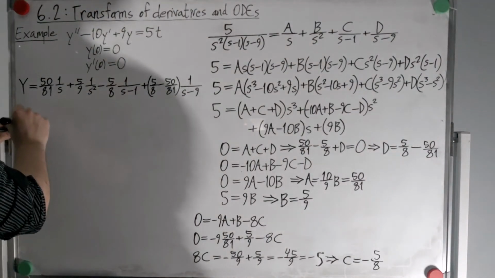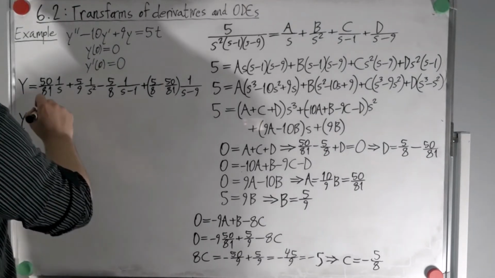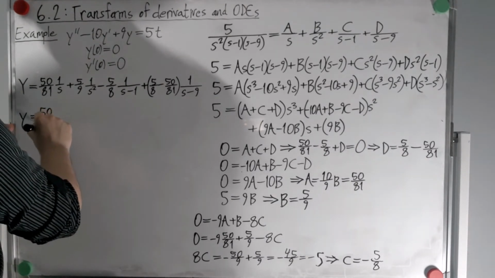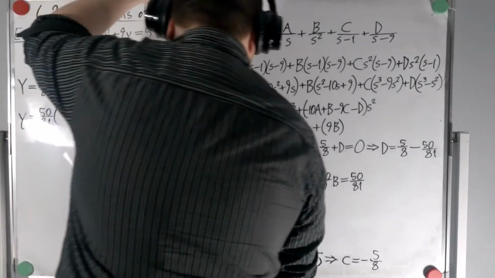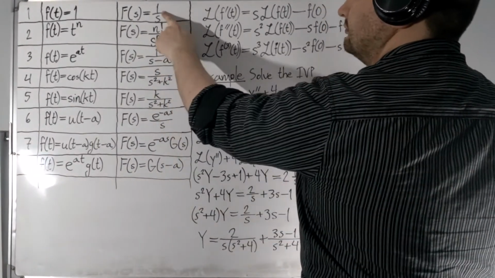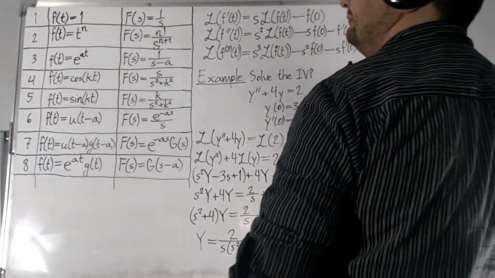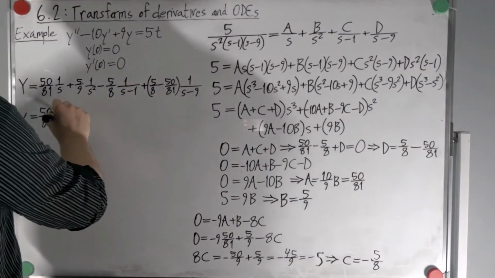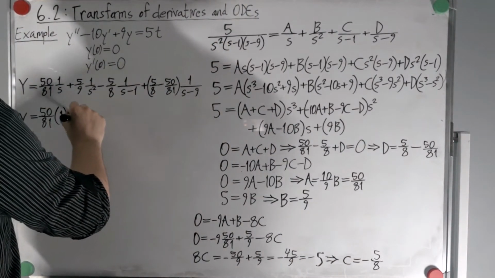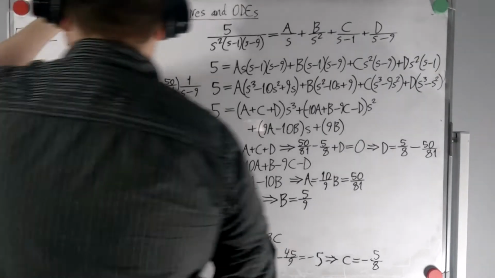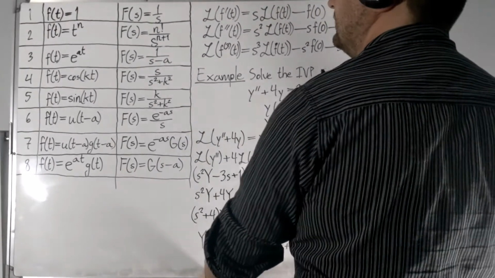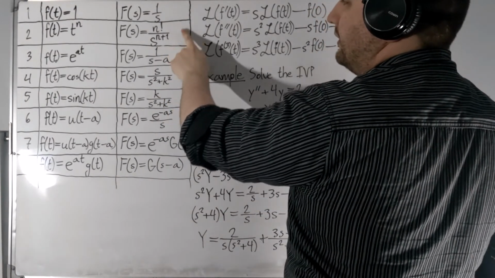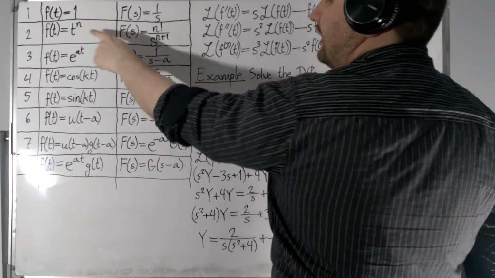So now we just need the inverse Laplace transform. The inverse Laplace transform is going to be 50 over 81 times the inverse Laplace transform of 1 over s. That would be 1. Then plus 5 over 9 times the inverse Laplace transform of 1 over s squared. 1 over s squared is 1 factorial divided by s to the 1 plus 1, so that would be t to the 1.